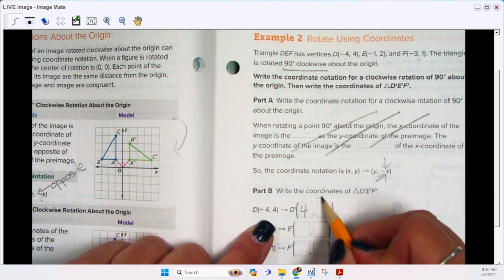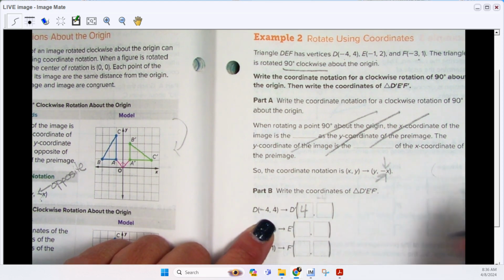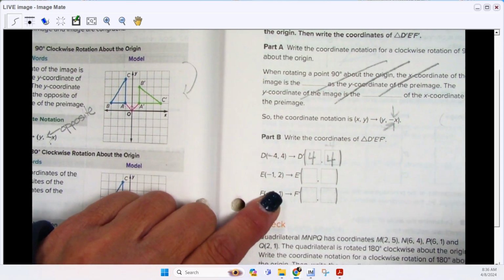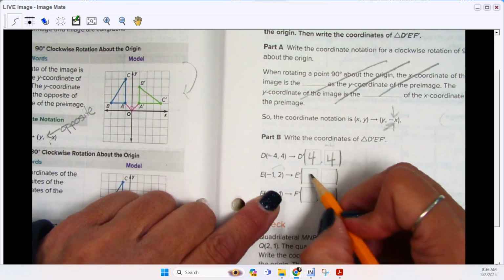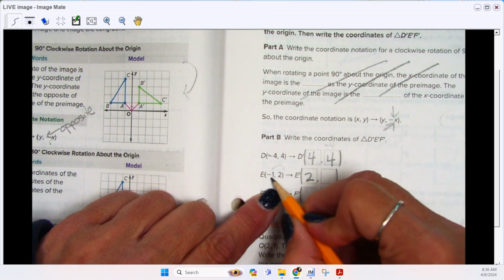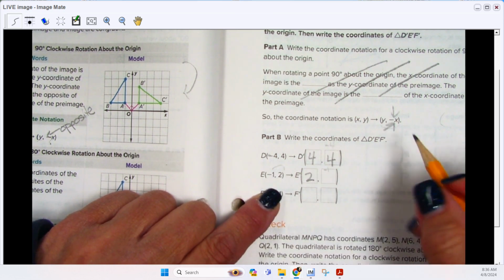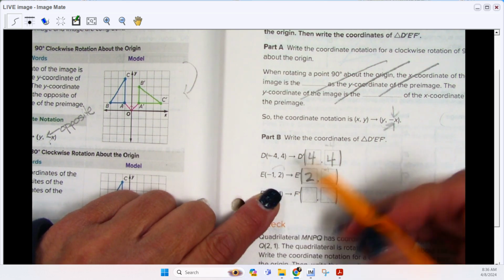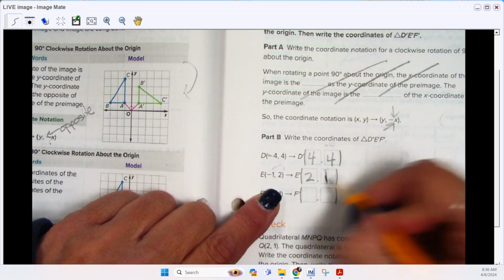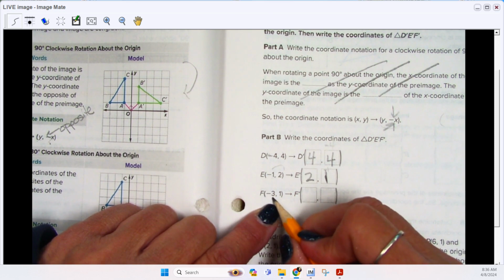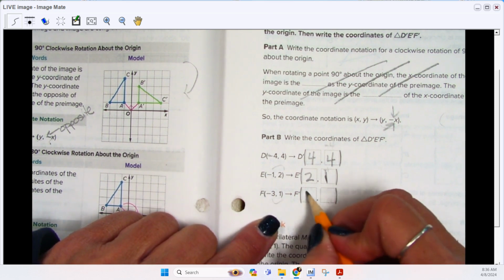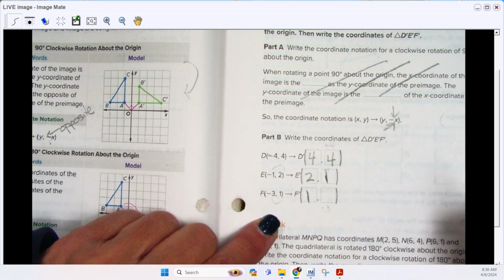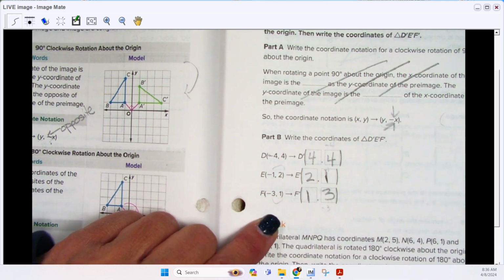So that would be negative 4, but we need the opposite, so that's going to be positive 4. Right here, we switch these two, so this is now 2. This would be negative 1 if we were just switching it, but I want to take its opposite, so it's positive 1. Same thing here. I'm going to switch these two numbers. This is going to be 1. This would be negative 3, but I want its opposite, so that's positive 3.